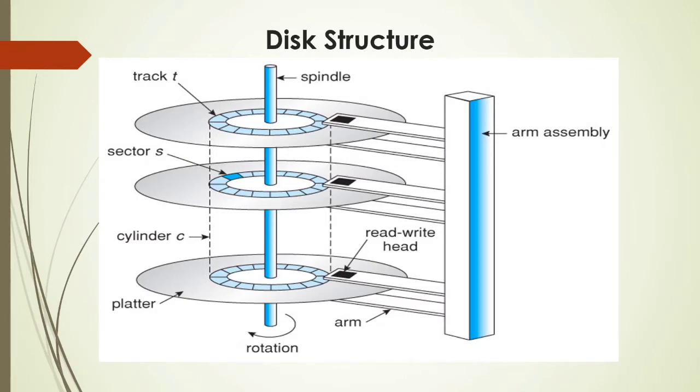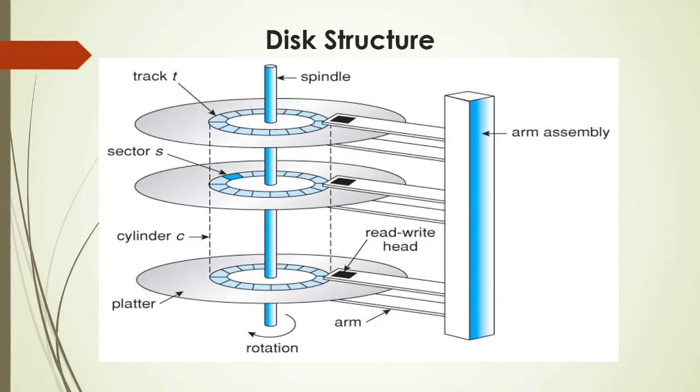Each platter has a surface, and each surface is connected with an arm assembly, which has a read-write head. This read-write head is attached to each platter in the disk structure with the help of an arm.